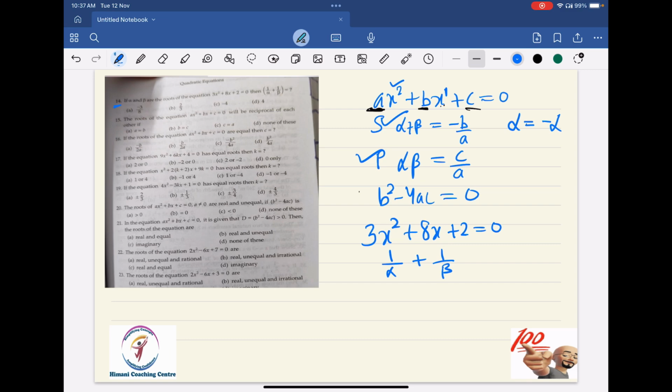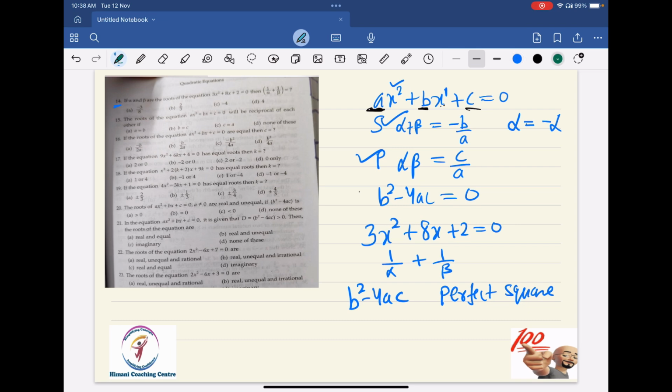For that there is a simple rule. Just find b square minus 4ac quickly and check if it is a perfect square. If b square minus 4ac is a perfect square, then middle term splitting is possible. Otherwise, middle term splitting will not be possible.